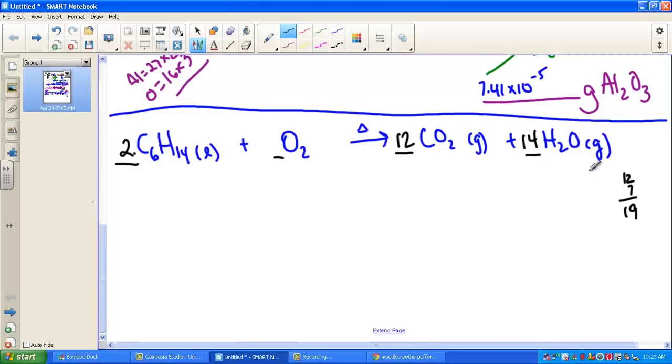And now let's see. 12 times 2, we have 24 oxygens here, and 14 more. Total now is 38, so a coefficient of 19 balances this equation. So that's the old double-the-odd-number trick when that happens. 2, 19, 12, 14 is our stoichiometric ratio. Now let's read what the problem asks us to solve for.